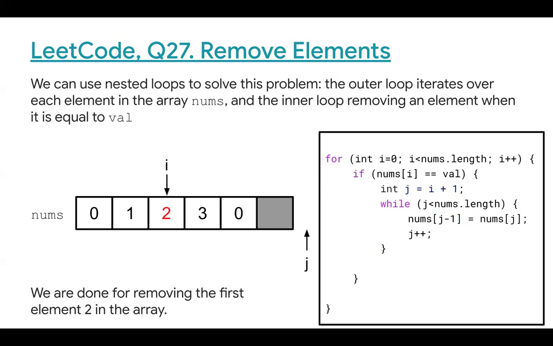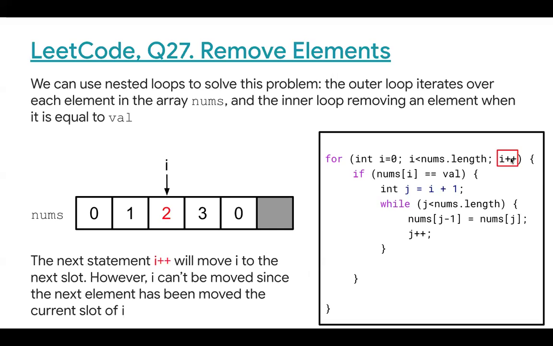Okay, all right. So now when we are done with this iteration, which means we finish this while loop inside this if statement, the next statement we are going to execute in our program is going to be i++.